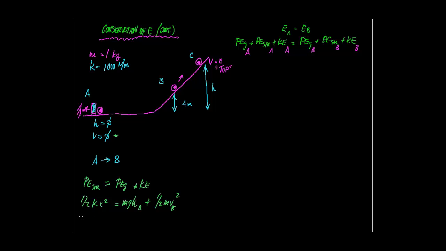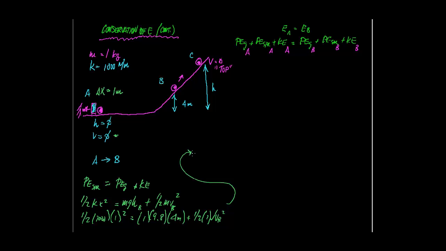Okay, put some numbers in here. We get half, there's 1,000. I keep forgetting to tell you how far to compress it. Let's make it 1 meter just to make it easy math. There's 1 squared. Other side, 1, 9.8, height 4 meters, plus half 1 v_B squared.